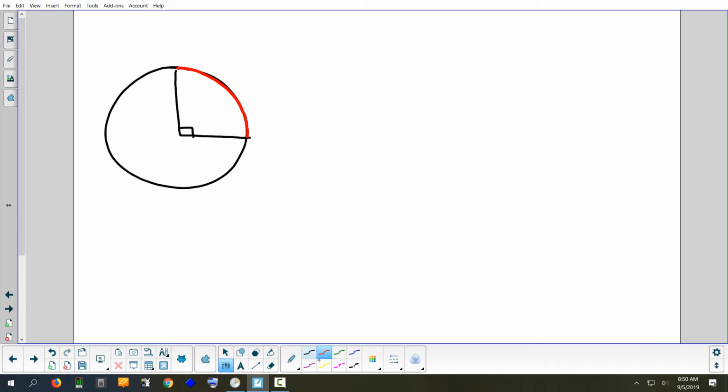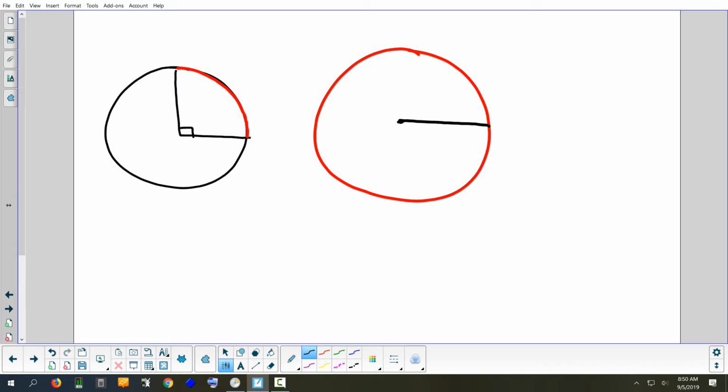Okay. Now I'm going to draw another circle, and this time I'm going to double the size of the angle. So I'm going to double it from 90 to 180. So here's my initial side. Here's my terminal side. And there's my arc. So I doubled the size of the angle to 180.